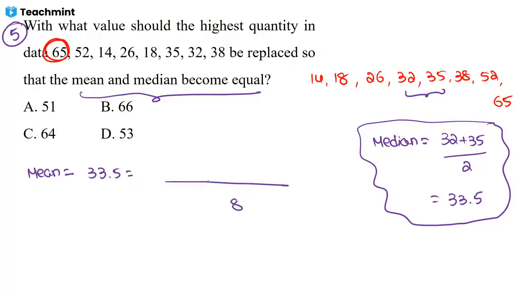Instead of 65, let's take something A that should be replaced. Remaining all numbers I will take as they are. Highest quantity I am taking as A, so that mean must be equal to median, which is 33.5. Now just do the calculations.